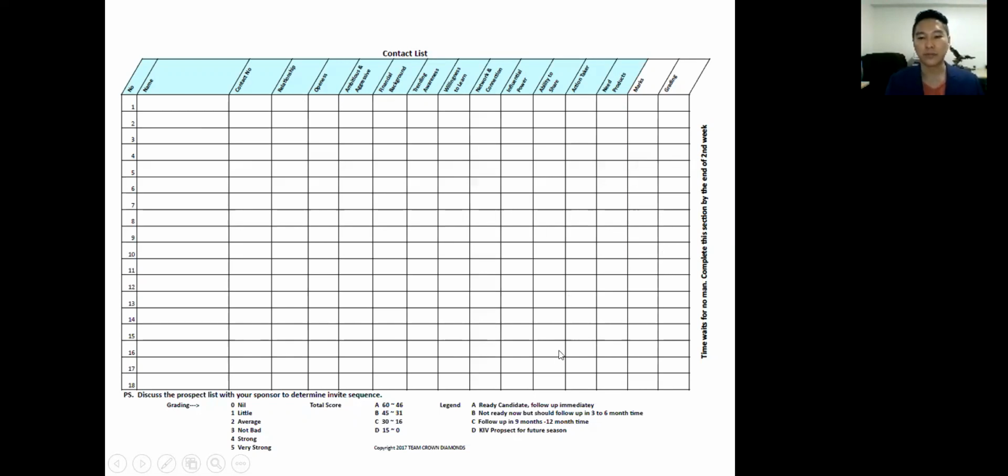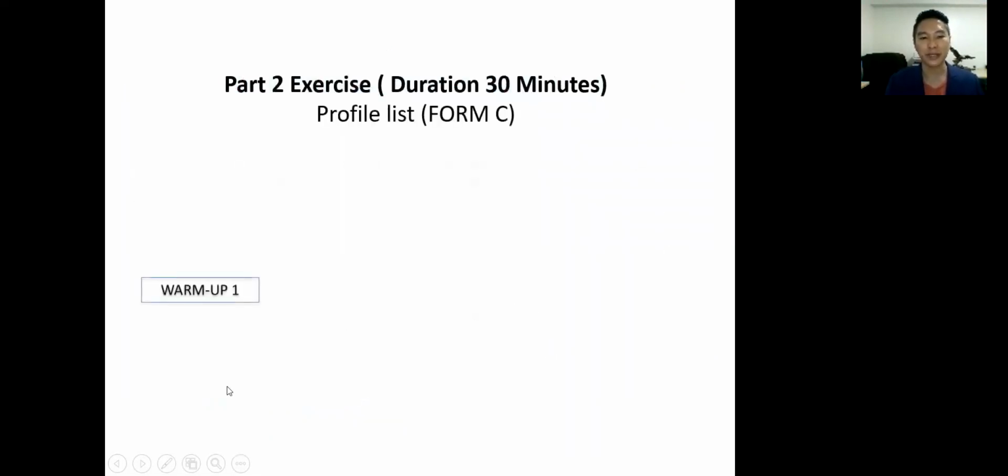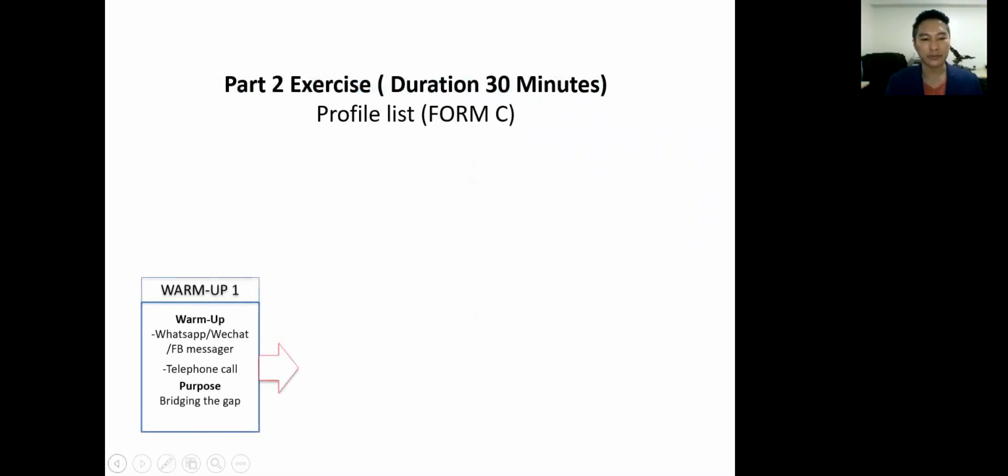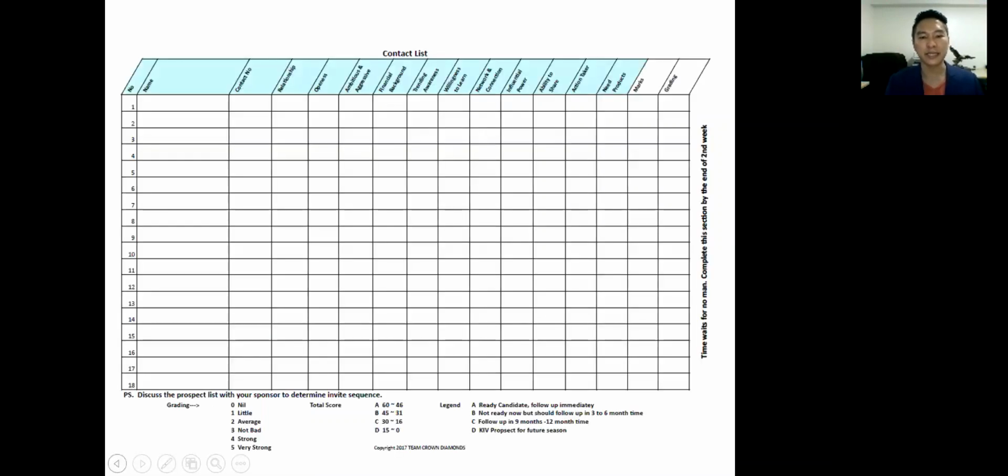Once that is done, you can see the name list with something very important, a grading. For a start, you can select people who are B. B is probably the first few people you need to talk to first. Why? Because they are very open in terms of all these things, and at the same time they may be easier to talk to.